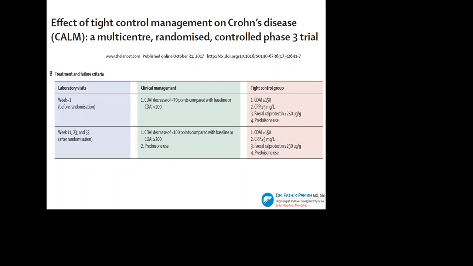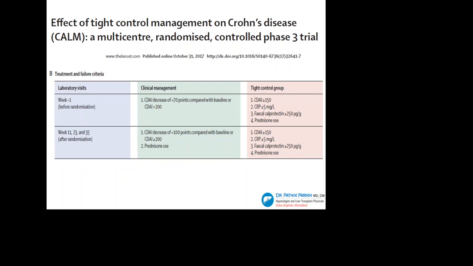Now this is an important trial where decisions were made on the basis of clinical improvement, compared with decisions to intensify the therapy in a tight control group, where they looked not only at clinical symptoms but also at CRP, fecal calprotectin levels, and prednisolone.